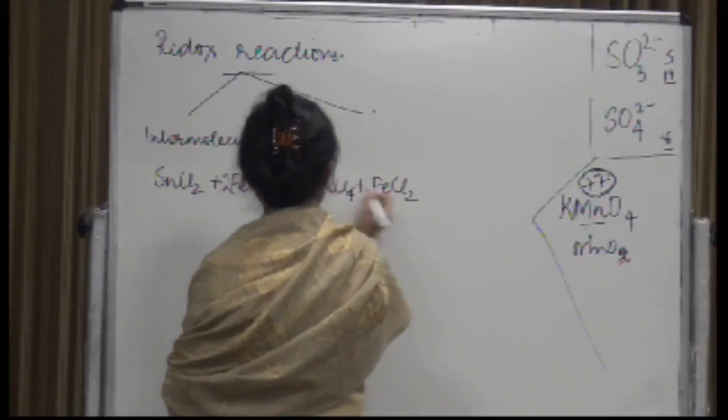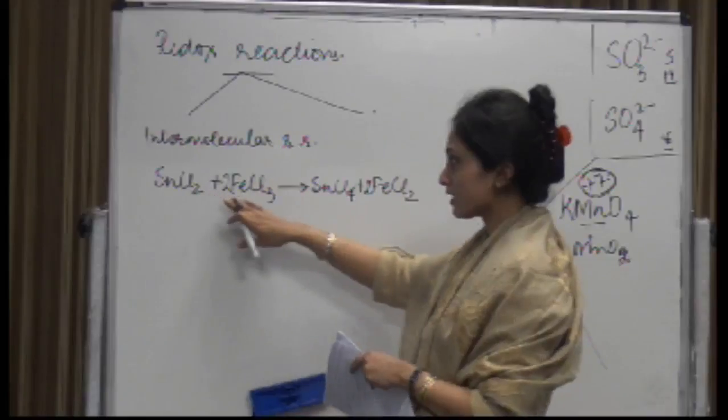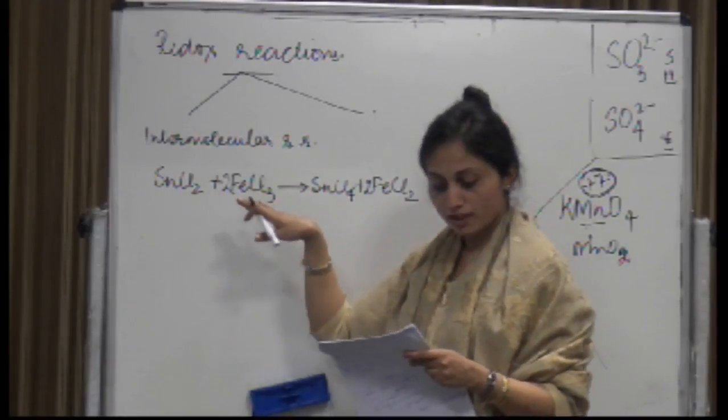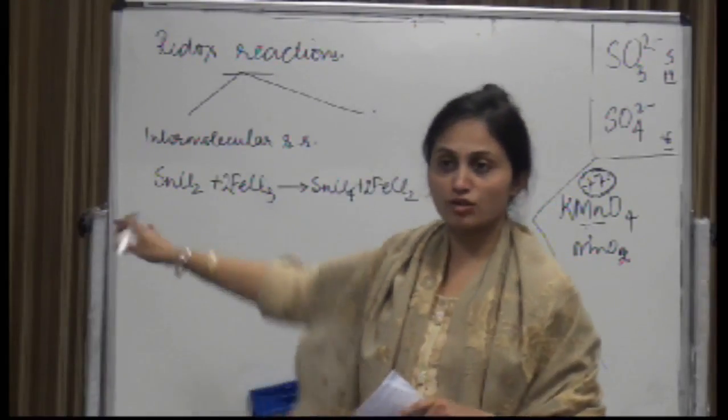I'll balance it for you. SnCl2 plus, in this what is happening, two compounds are separately getting oxidized and reduced. Write down the oxidation number of each and every element.